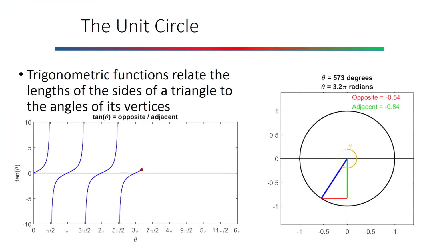From 180 degrees to 270 degrees, both the opposite and adjacent sides are negative, so the tangent is positive. As the tangent approaches 270 degrees, however, the adjacent side again approaches 0, so the tangent approaches infinity. After 270 degrees, it comes back in from negative infinity and passes to 0 at 360 degrees to repeat the pattern.